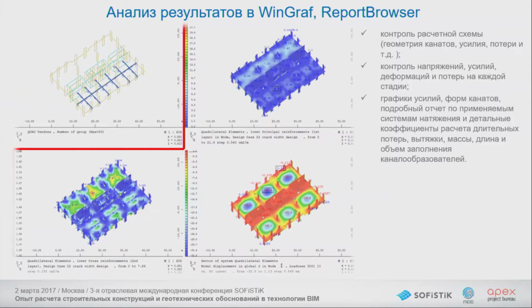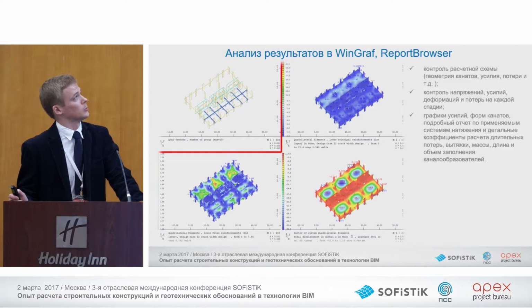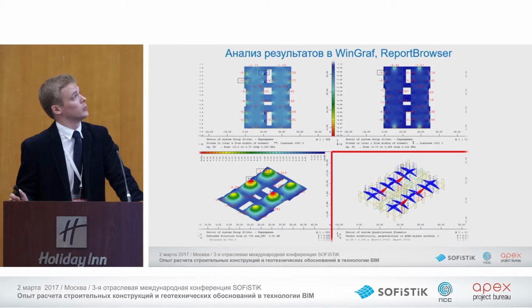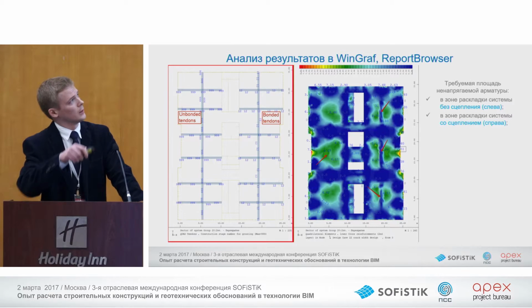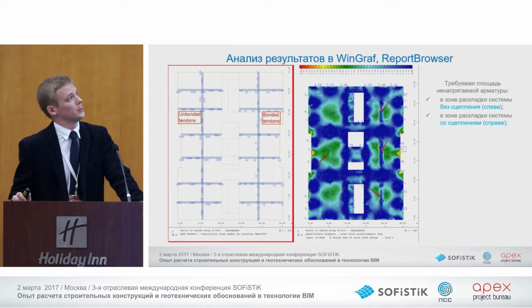After that, we use WinGraph as a standard module for viewing results. We can view anything we like. We can go to any results at any level. And that's a very interesting picture. Left, you see unbonded tendons and bonded tendons on the right. And you can see how it all distributes.